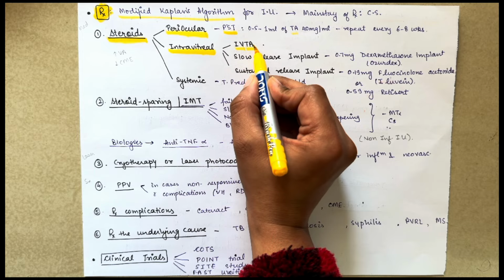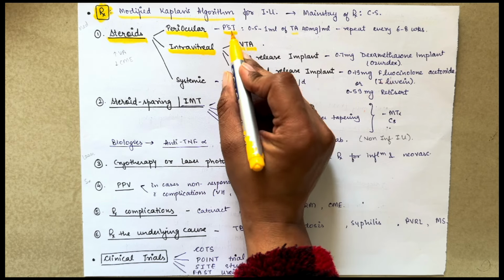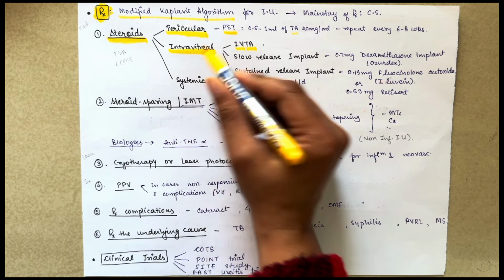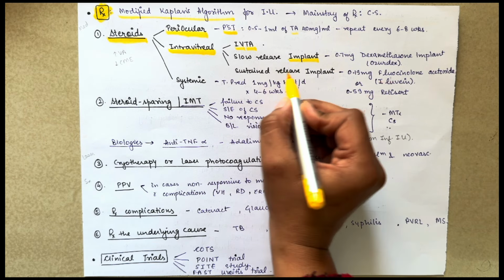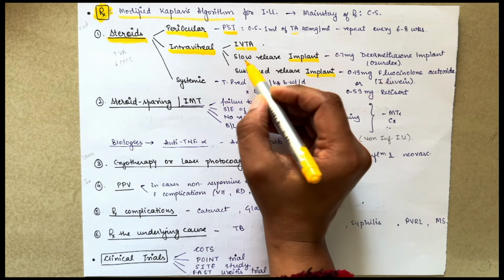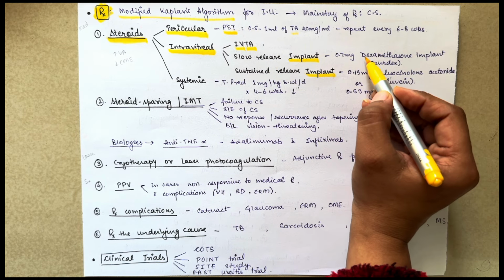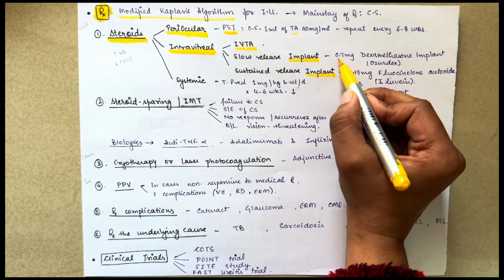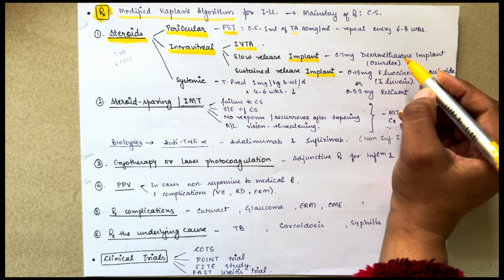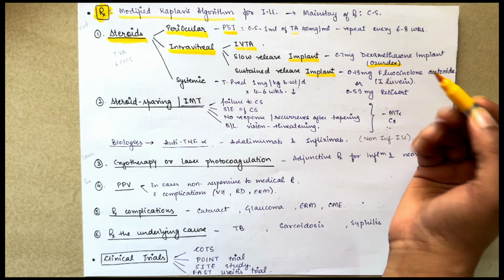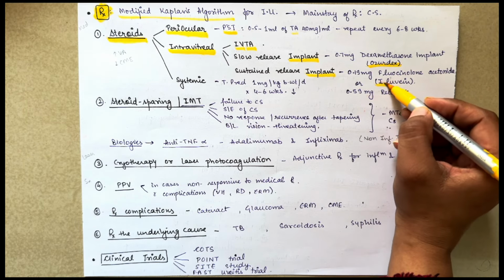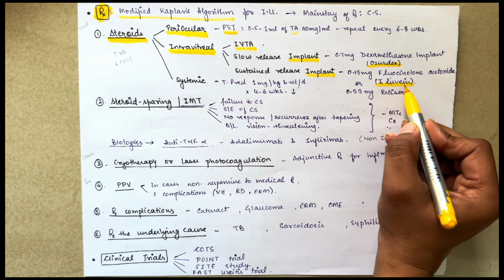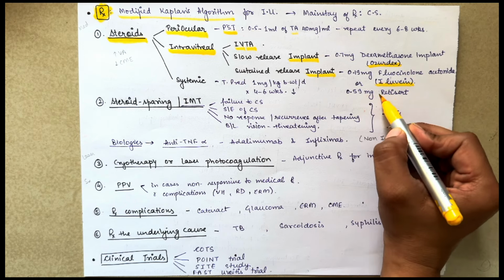So intravitreal triamcinolone acetonide, same, it was given as PST, can be given as intravitreal also. Now there are certain implants, like slow release implant or sustained release implant. This is very commonly given to the patient, which is 0.7 milligram dexamethasone implant, commonly known as Ozurdex, and 0.19 milligram of fluocinolone acetonide, commonly famous by the name Iluvien, or 0.59 milligram of Retisert.